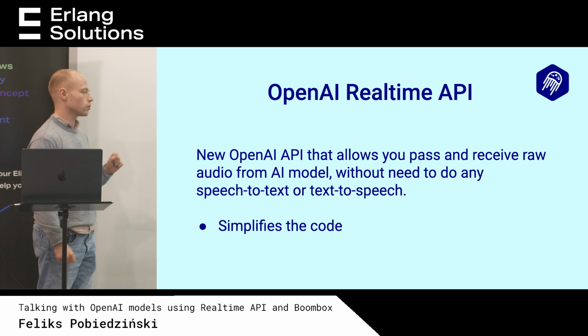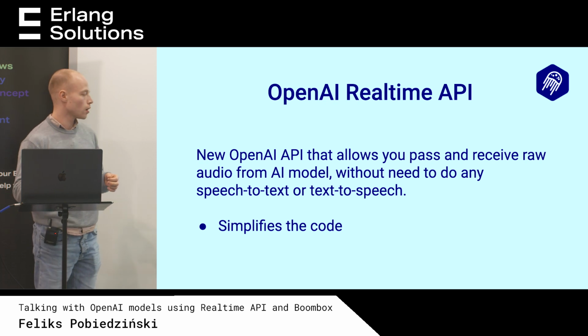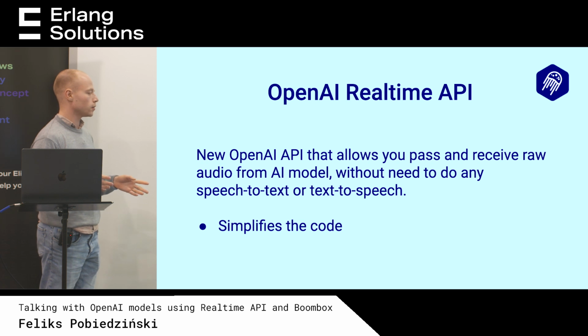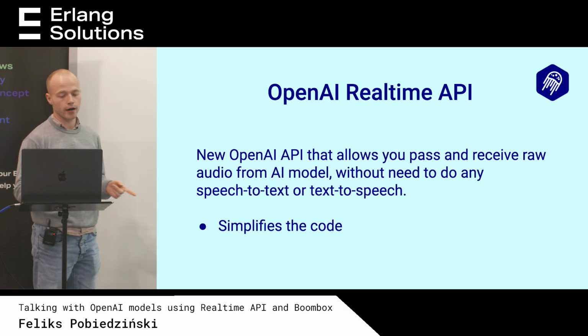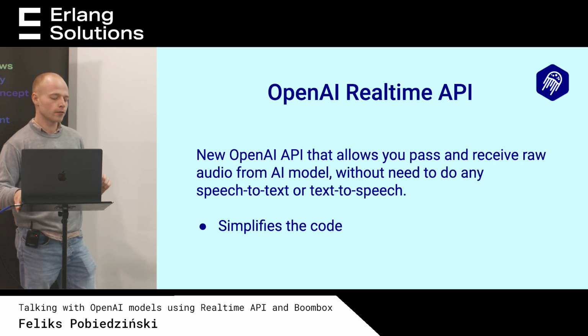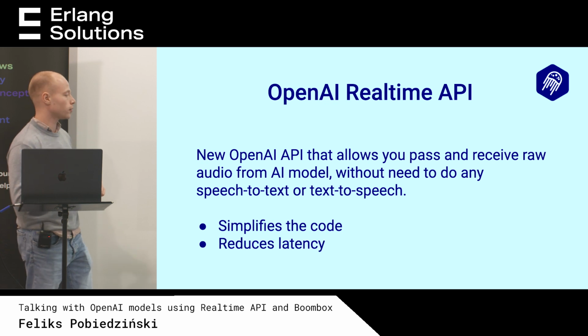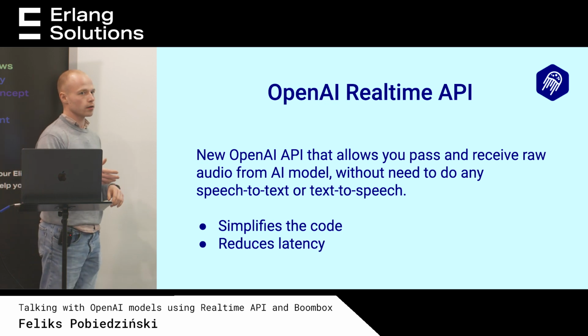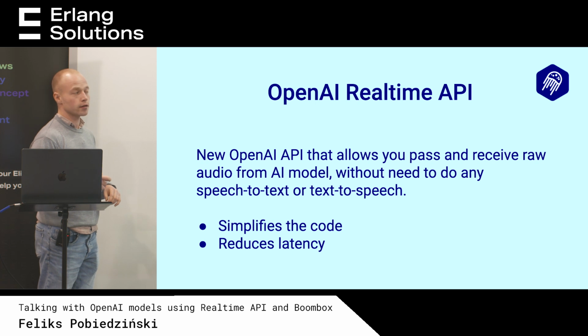First, because you don't have to perform speech to text and text to speech on your own, it really simplifies the code. For example, my demo would be much more complicated without this API. And second, I think an even more important thing is that it reduces latency. Because when you have a verbal chat, latency is very important.